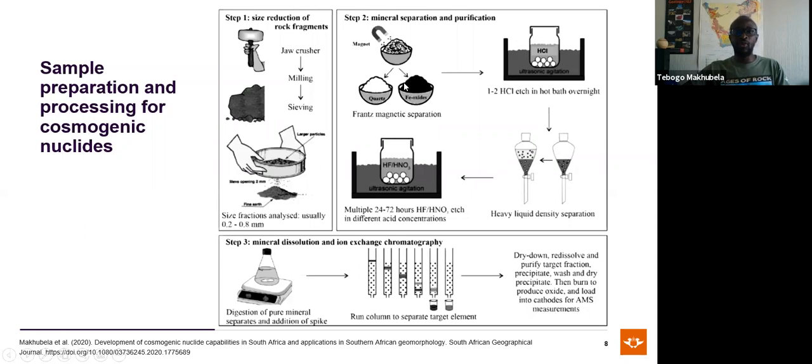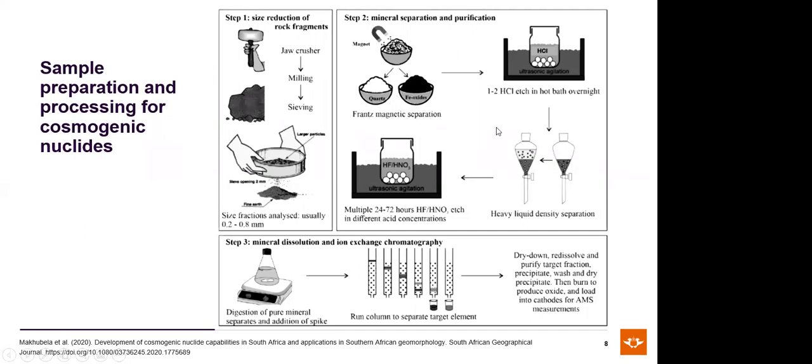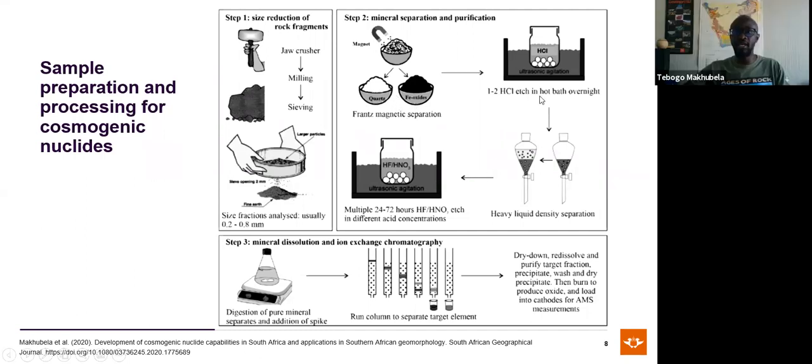And thereafter, you want to separate your quartz from all the minerals that are in your rock or your sediment. You can start by using a magnet to separate magnetics, and then you can move on to use HCl to separate the carbonates. And thereafter, you can use heavy liquid density separation to remove the heavy minerals, such as zircons. And then you can also do froth flotation to remove the feldspars as well as the micas.